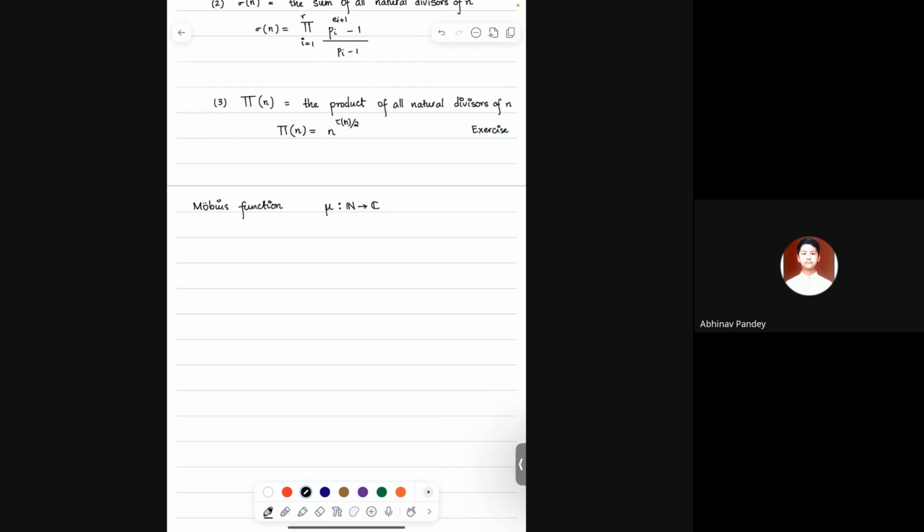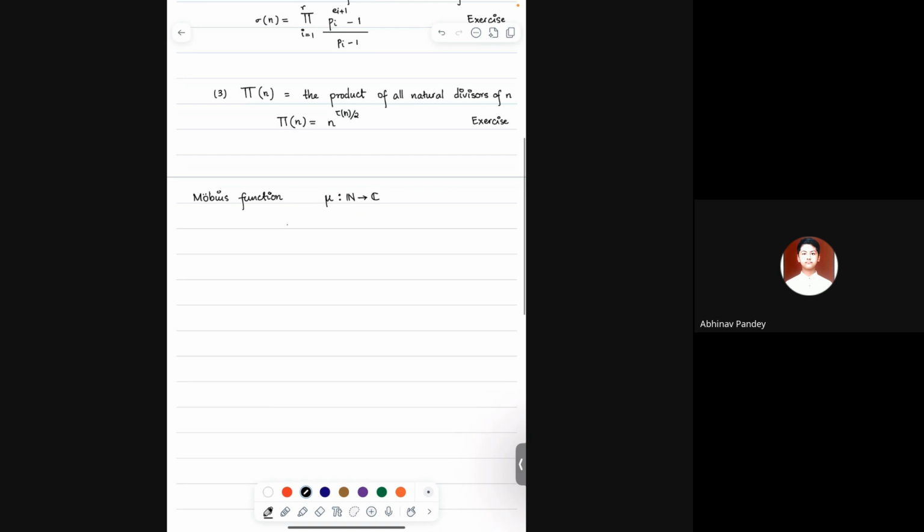The definition is very simple. So I'm going to say mu of n can take three different values. It takes the value 1 when n is 1, right? So if the input is 1, I say mu of n is 1.